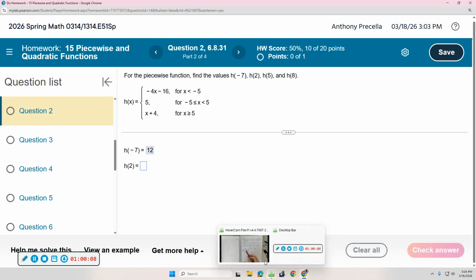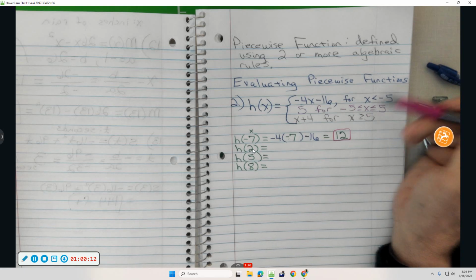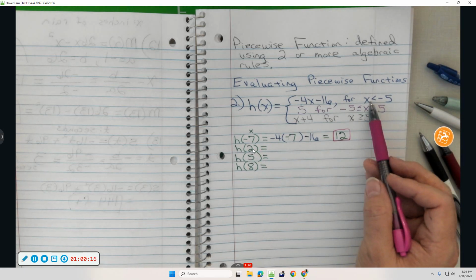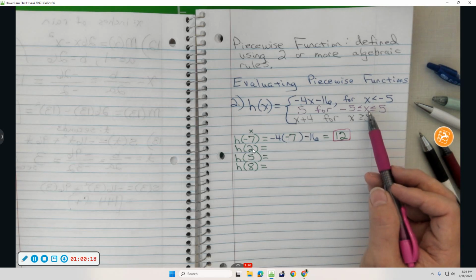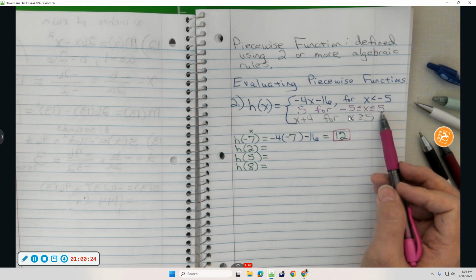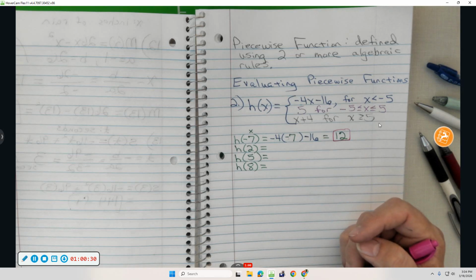What about h of 2? Before, you have to decide which piece you're going to use. You can only use one of them. Is 2 smaller than negative 5? When you say smaller, you mean to the left of negative 5 on the number line. Or is 2 between negative 5 and positive 5? Or is 2 bigger than positive 5?